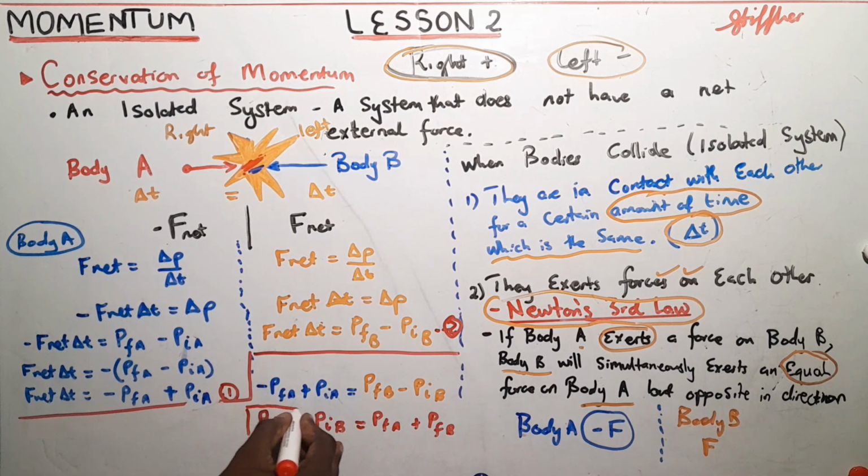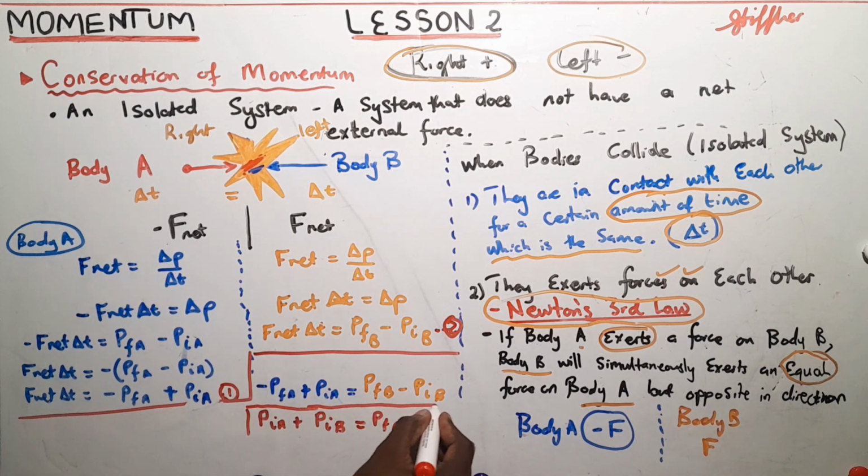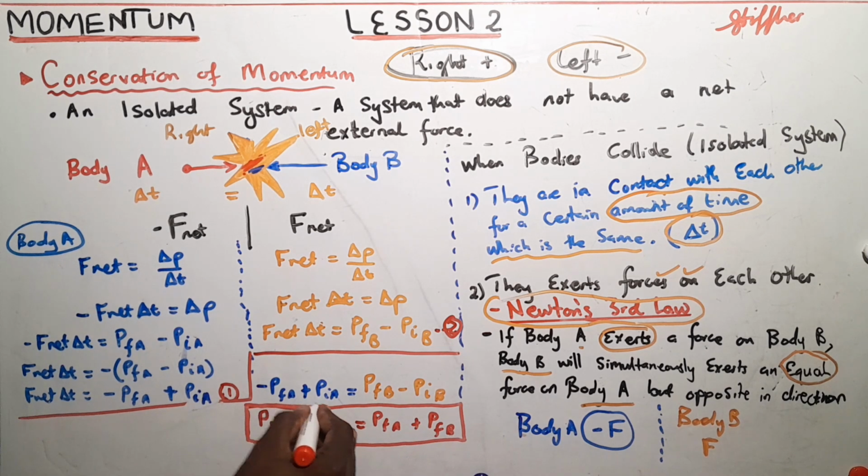When we have such a situation, we have something that we call the law of conservation of linear momentum. So the momentum is conserved. This is what we call the law of conservation of linear momentum.